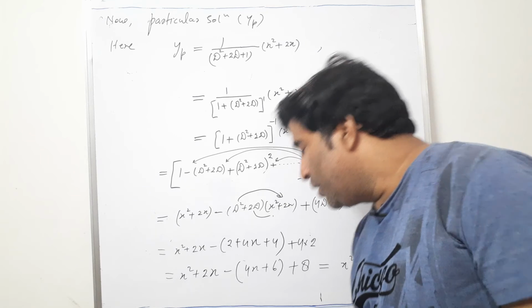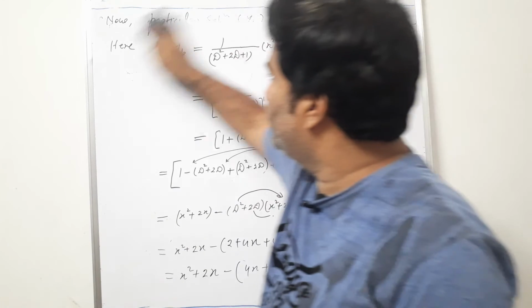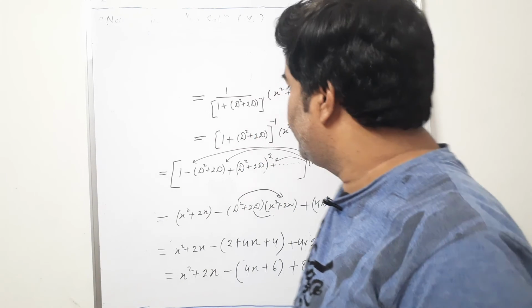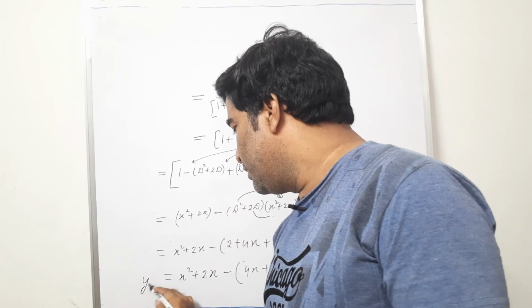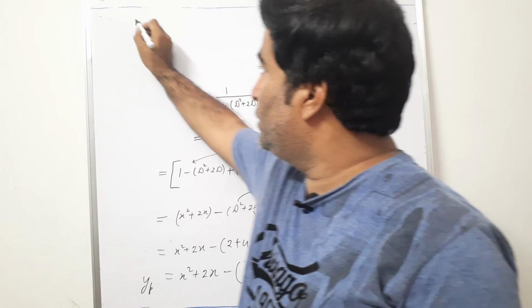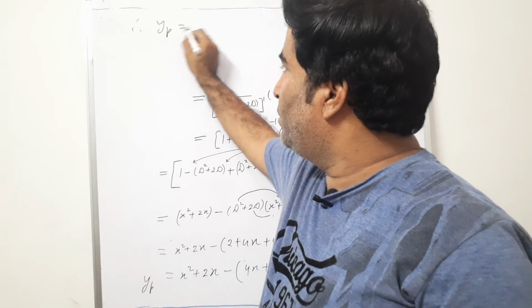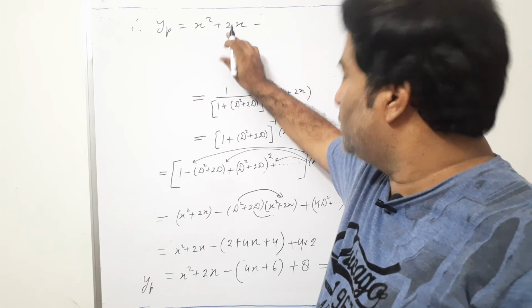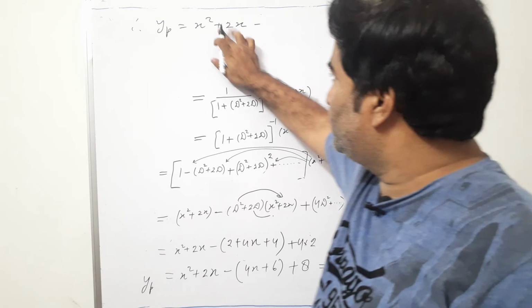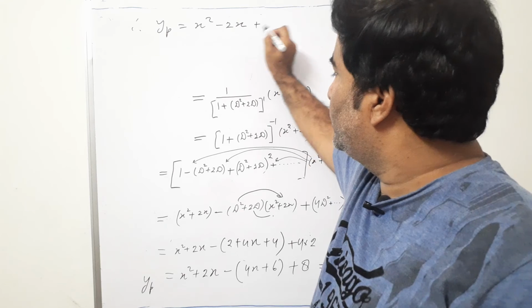Therefore the particular solution, this is actually the particular solution for the given differential equation, yp is x square minus 2x plus 2.